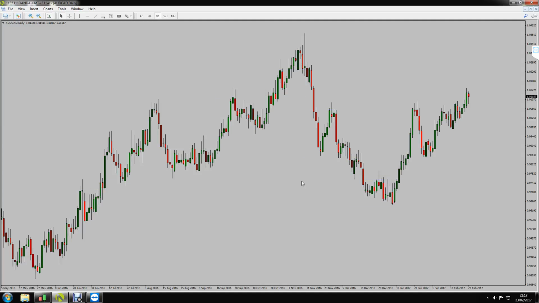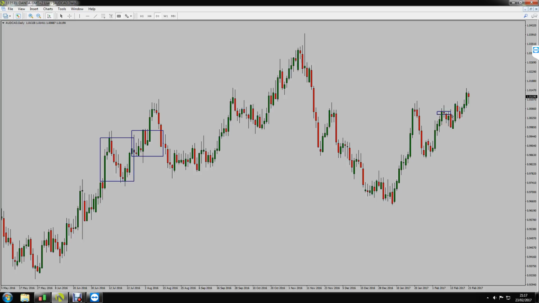This kind of range is a range that, here is a small example, forms and its support goes to the middle level of the previous range.